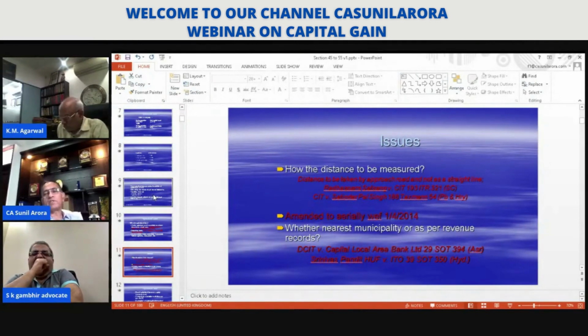The land belonged to the district of Taran and was outside 2 kilometers of Taran, but it was within the 8-kilometer radius of Amritsar. The question came: the nearest municipality is Amritsar, so whether this can be taken as a capital asset because it falls within the radial distance of Amritsar.